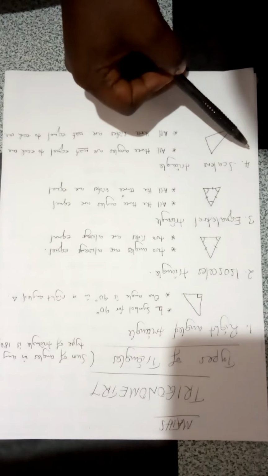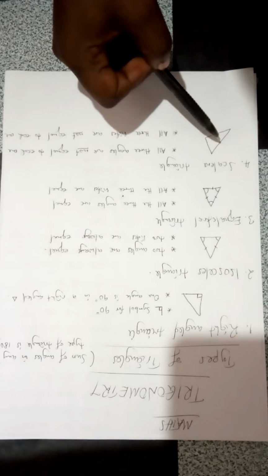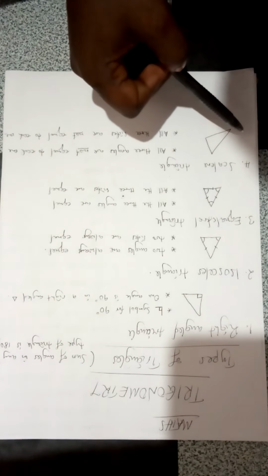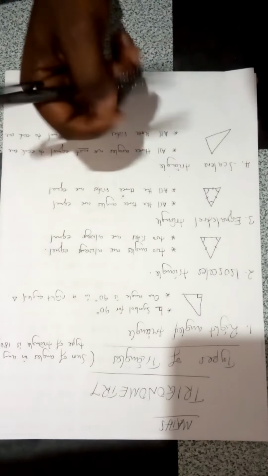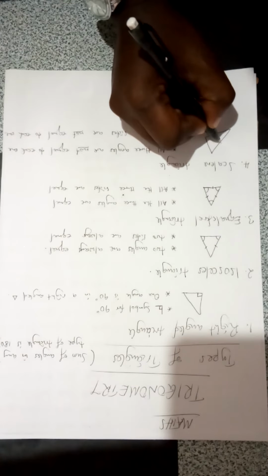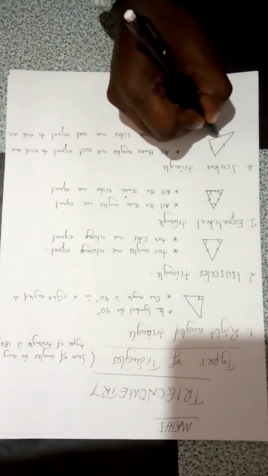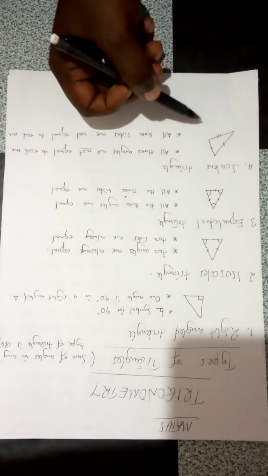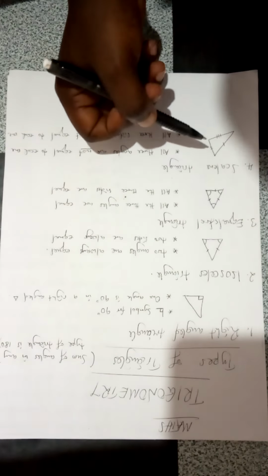The fourth one is a scalene triangle. Now in a scalene triangle, all the 3 sides are not equal and all the 3 angles are not equal. To show that, we can simply say this side is not equal to this, is not equal to that. So we have these 2 different lines to show that they are not equal.